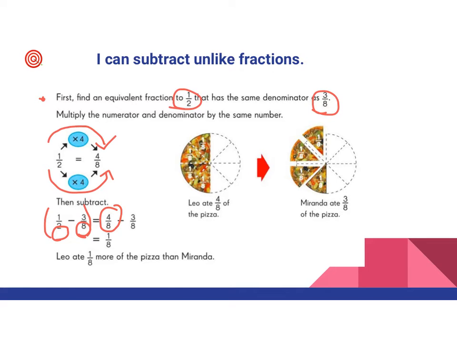Now that I've got like denominators, I would subtract the numerators. 4/8 minus 3/8 equals 1/8. And then the nice visual here shows that if I'm starting with the larger amount, 1/2, which is equivalent to 4/8, and then take out the 3/8, that leaves me with 1/8. So Leo ate 1/8 more of the pizza than Miranda.